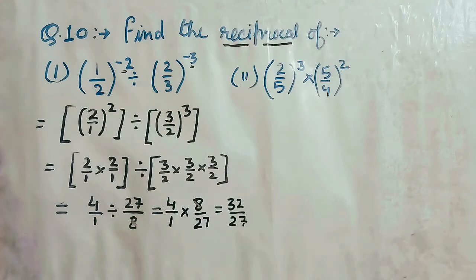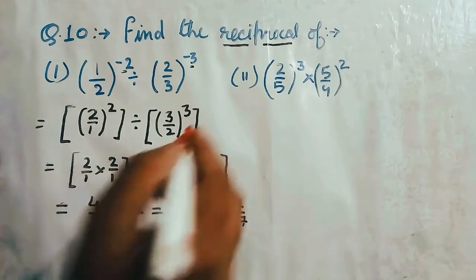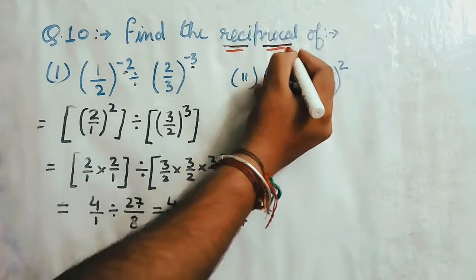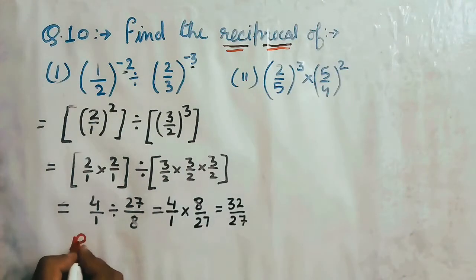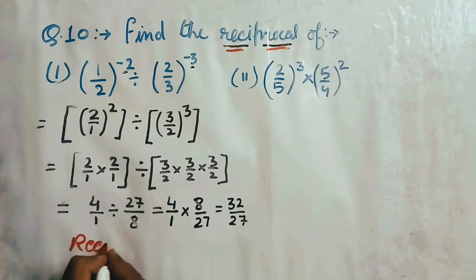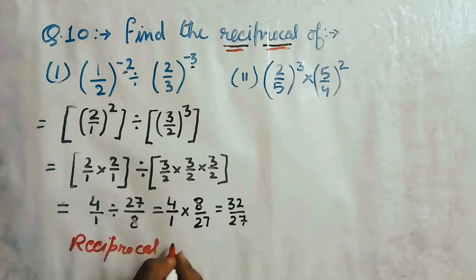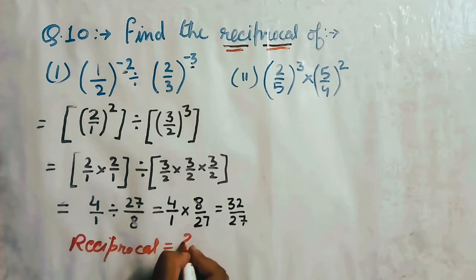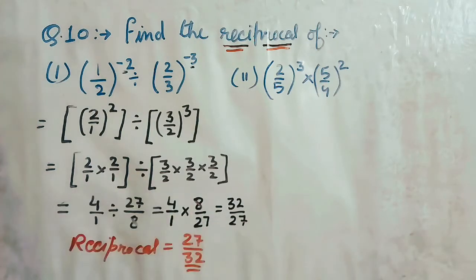Now remember, we have to find reciprocal. So reciprocal of 32 upon 27 will be 27 upon 32, which is your required answer.